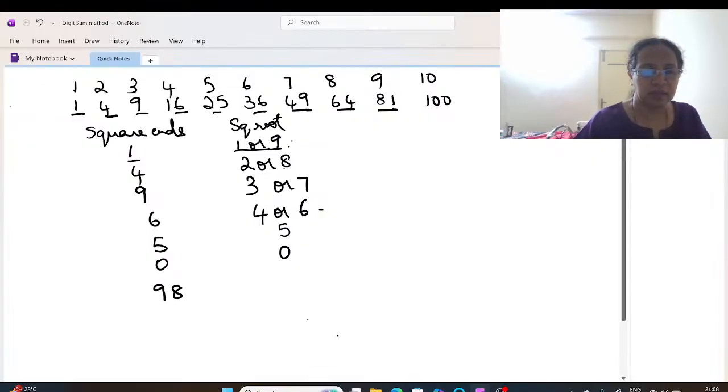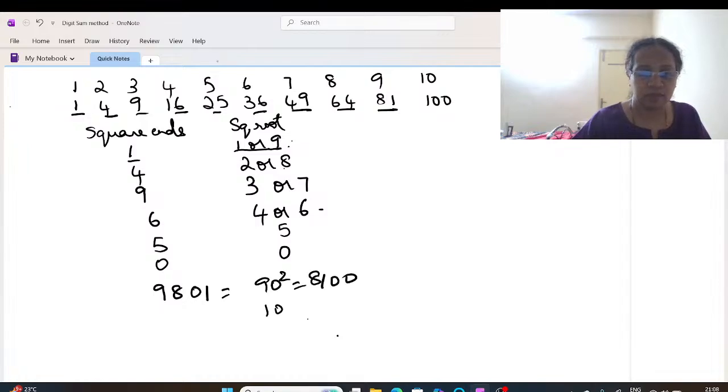9801. We know that 90 square is 8100 and 100 square is 10,000. And 9801 lies between 8100 and 10,000.